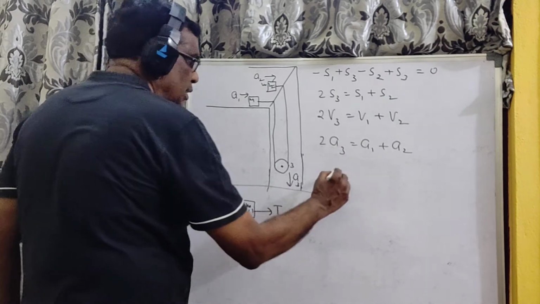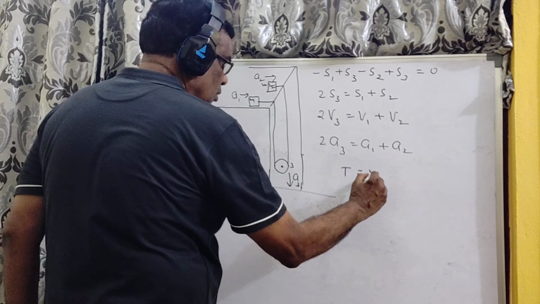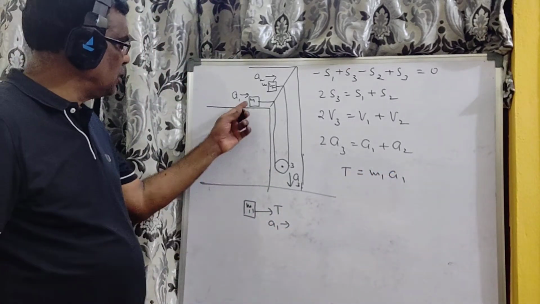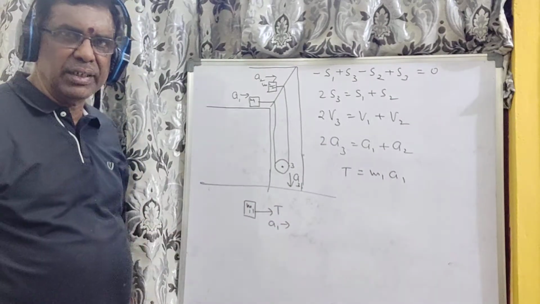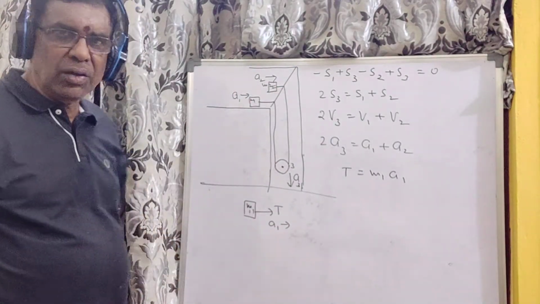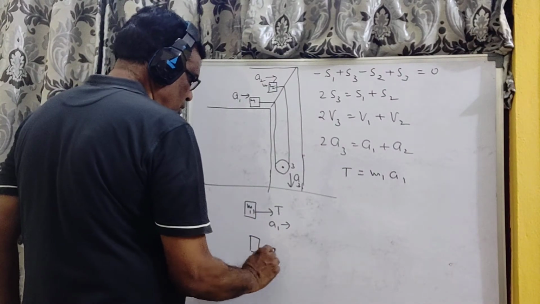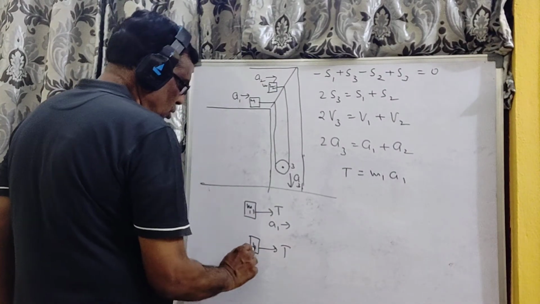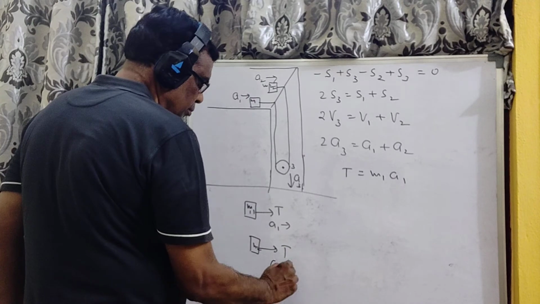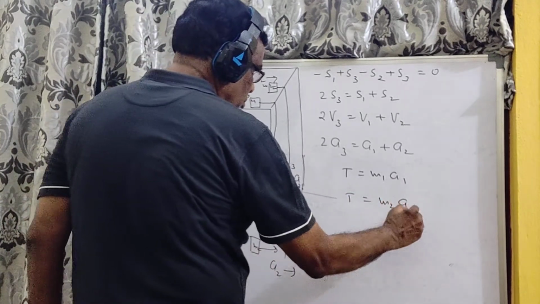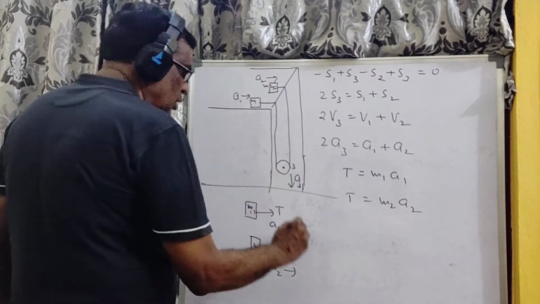So, how do you write? T is equal to M1 A1. There is no other force acting on this because it is moving horizontally. And similarly, if you draw the FBD of this, it is also T. So, T is equal to M2 A2. What about this?